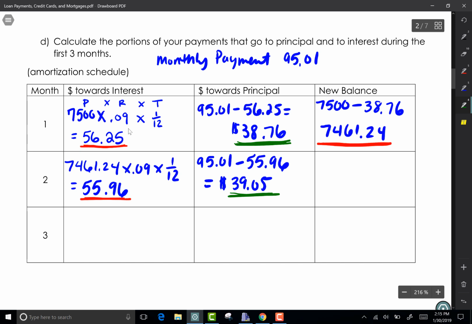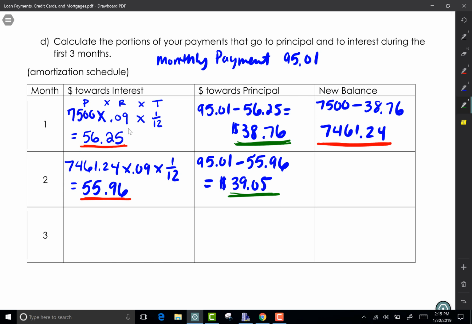So you'll see this pattern. If we go out more months, the amount of interest is going to decrease for each month, and the amount that's going to be applied to the principal is going to continually go up.